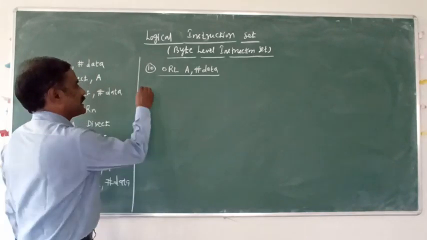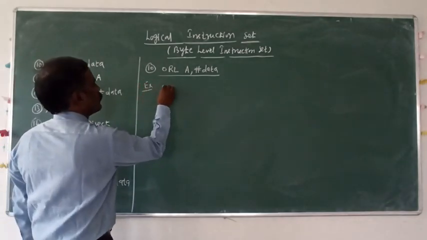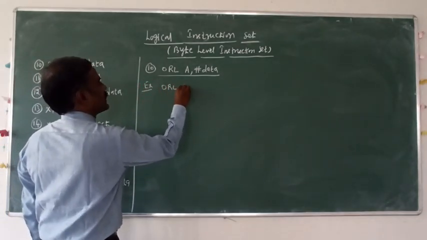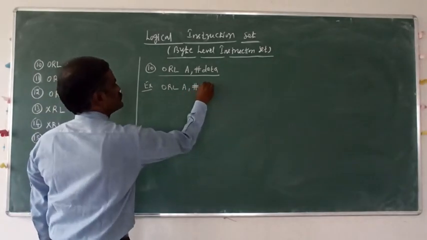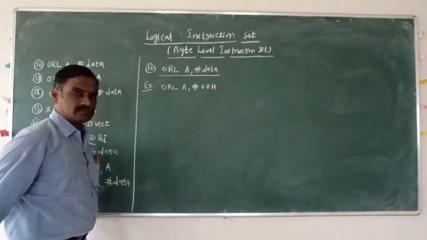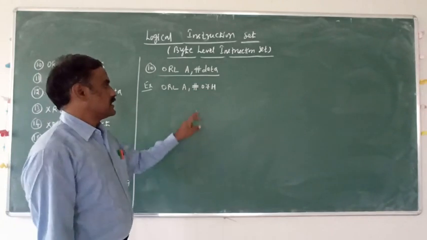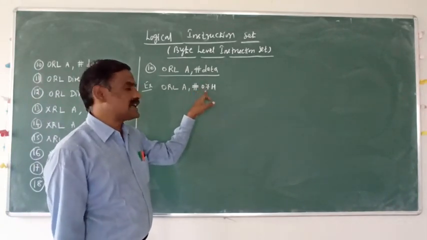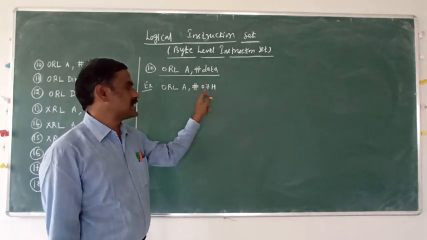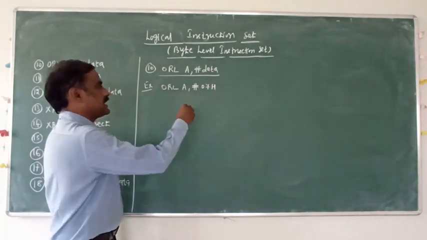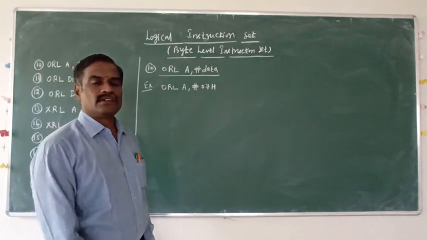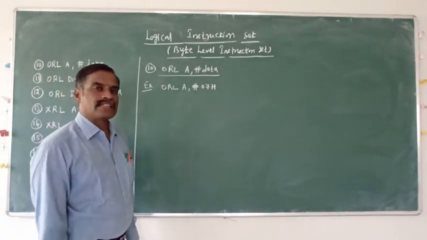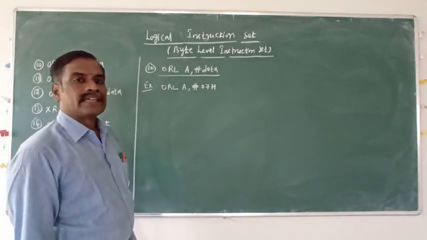Okay. Example, ORL A comma hash 07H. Here hash means immediately given 8-bit data, that is 07. The second data is in the A register, so first we have to initialize the data in the A register.